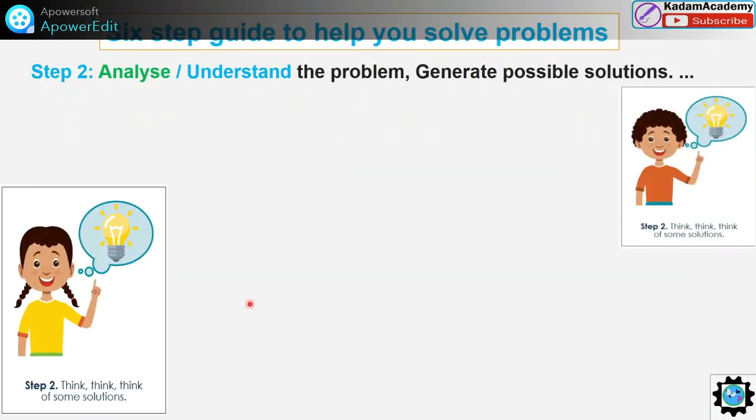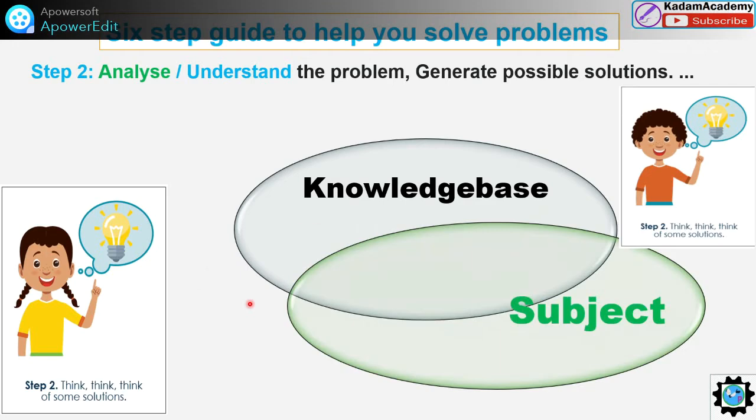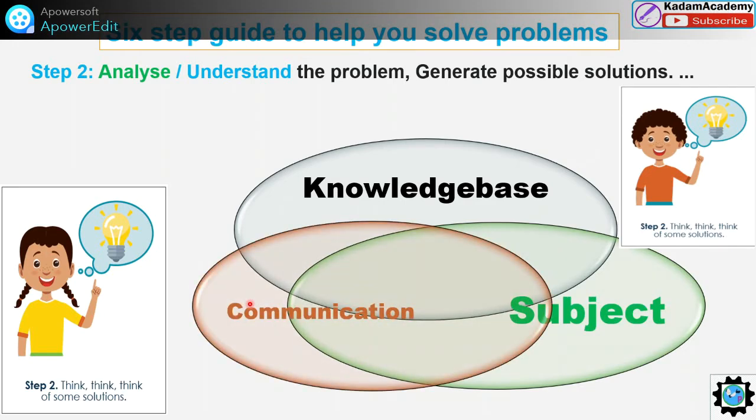And afterwards, communication is also important for understanding the problem. The developer or designer must communicate with the customer. So friends, knowledge, subject and communication are very interlinked, and help to analyze and understand the problem and find the general possible solution.